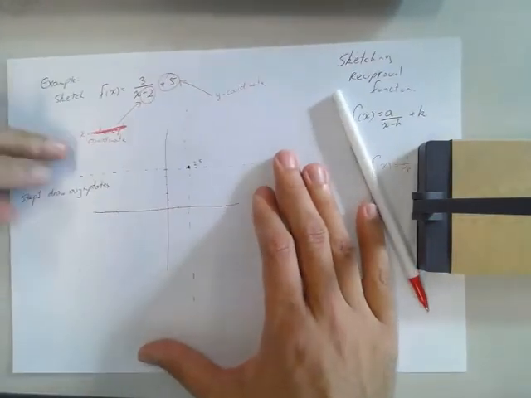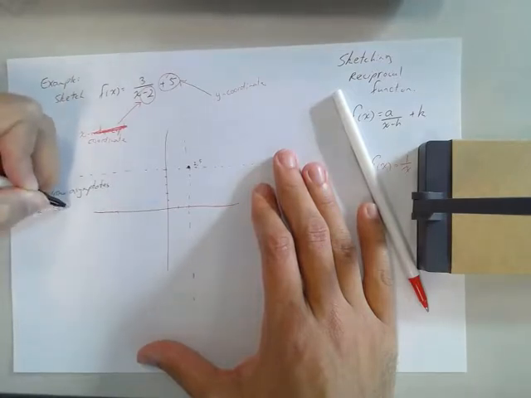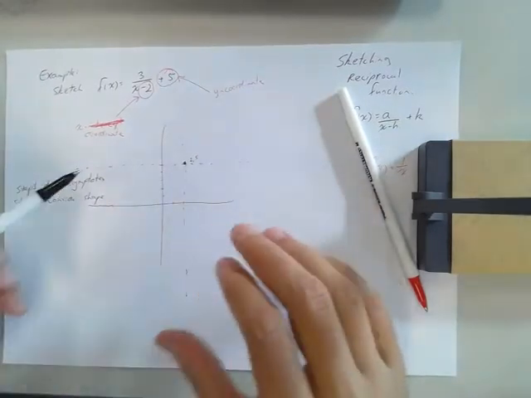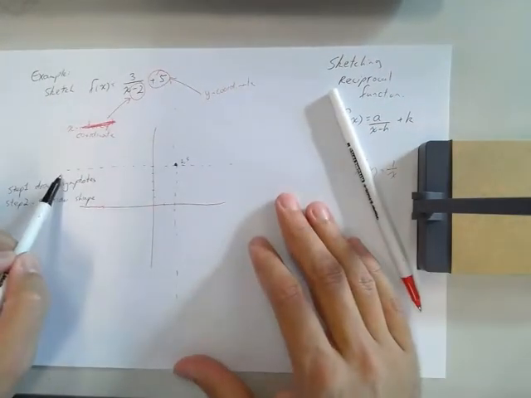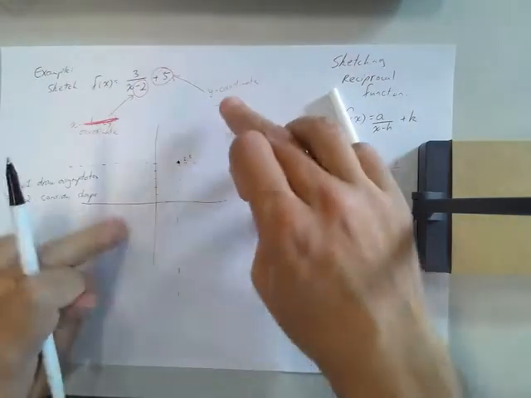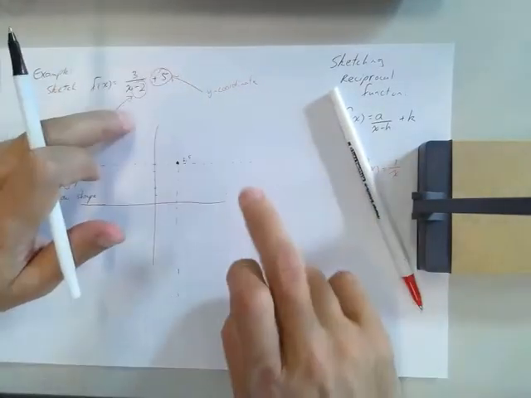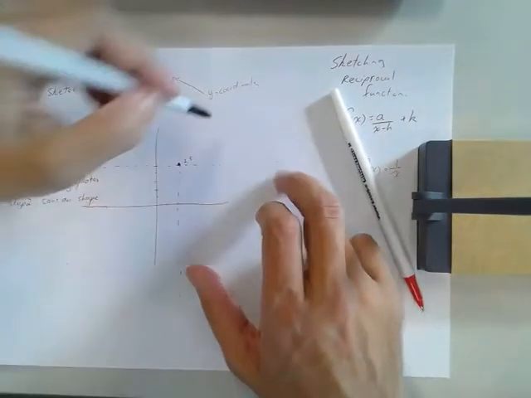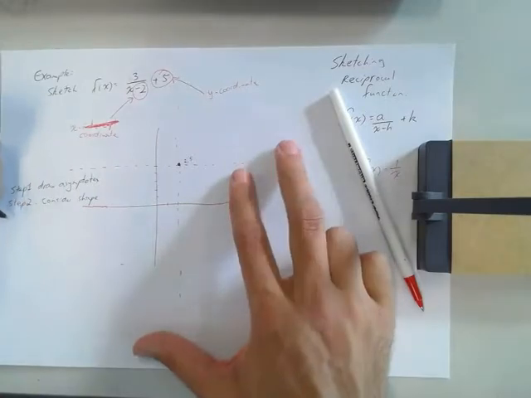Now, step 2 is to consider the shape. Now, there's only going to be two basic shapes for our reciprocal function. Either it's going to be here and here, so in these quadrants, or it's going to be here and here in these quadrants. Now, it's going to be in this quadrant and this quadrant if a is positive.